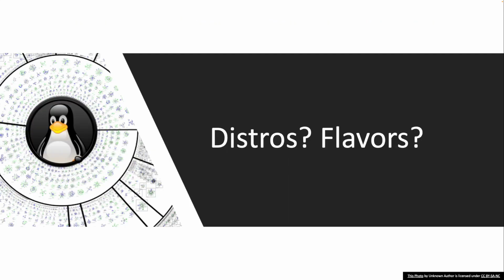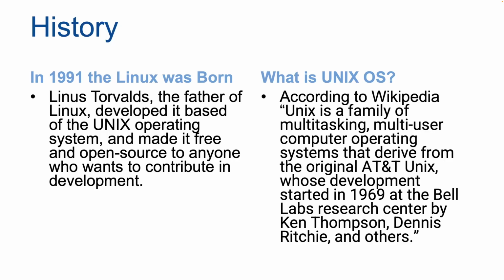Distros and flavors. Let's talk about that. A little bit about the history. In 1991, Linus Torvalds, a graduate student, worked with the Unix operating system and decided to develop his own operating system that is free and open source, and that anyone can use, get access to, develop and work with.